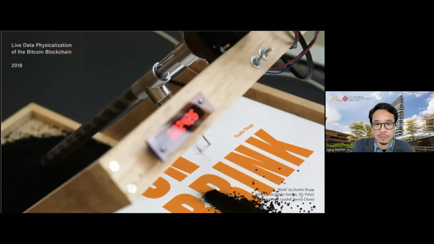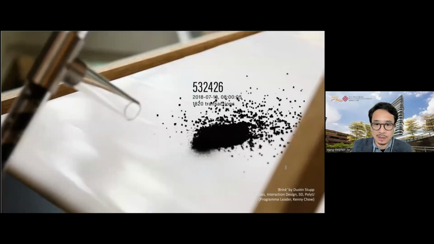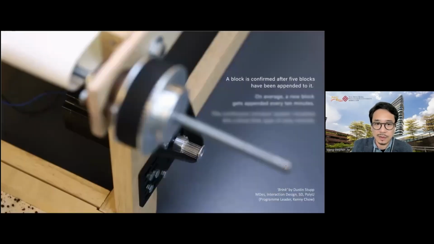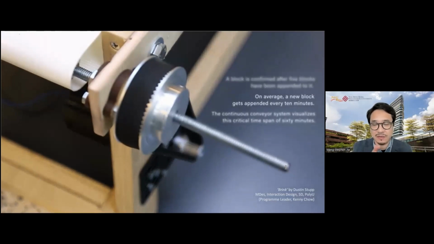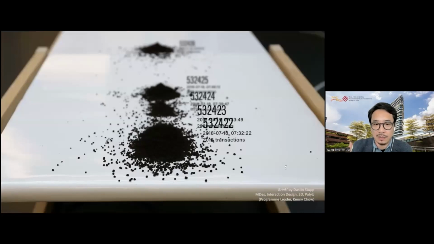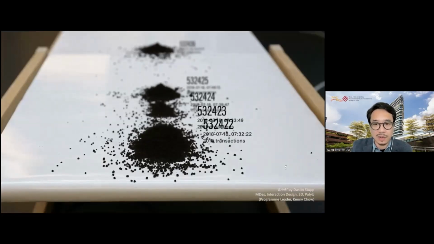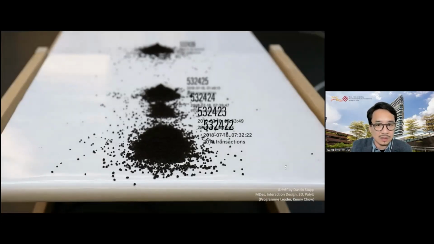So every time you make a deal using blockchain, this machine will physicalize the data into a kind of carbon particle. So if you ask, how are we going to use this? Maybe not focus on the practical solutions, but this provides a kind of philosophical discussion. This is quite important, actually, sometimes more important than the practical design.